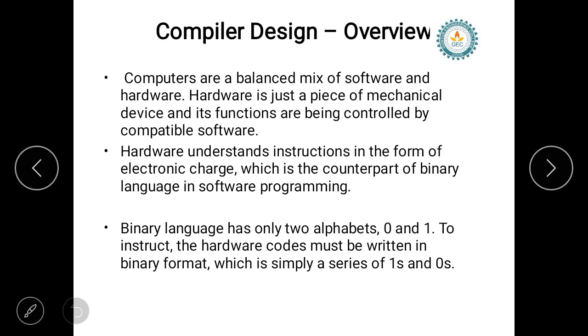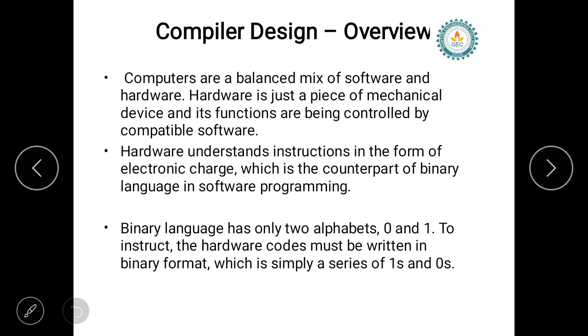So, compiler design overview. Computers are a balanced mixture of software and hardware. Hardware is just a piece of mechanical device and its functions are controlled by the compatible software. Hardware understands instructions in the form of electronic charges, which is the counterpart of binary language in software programming.